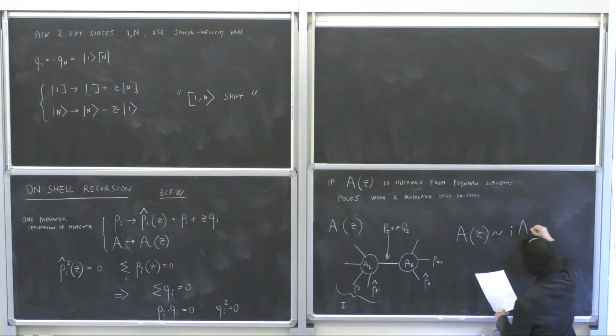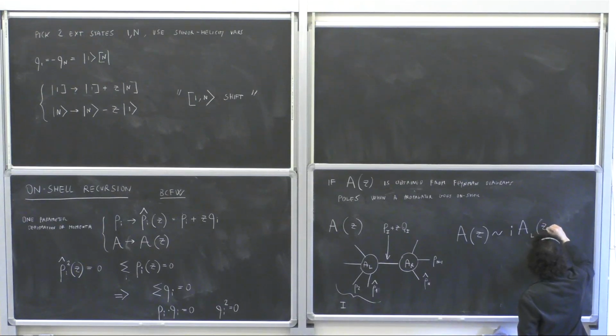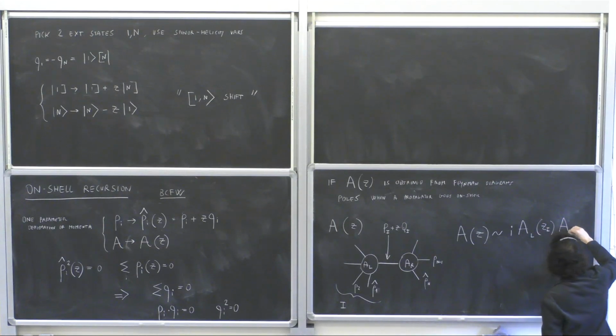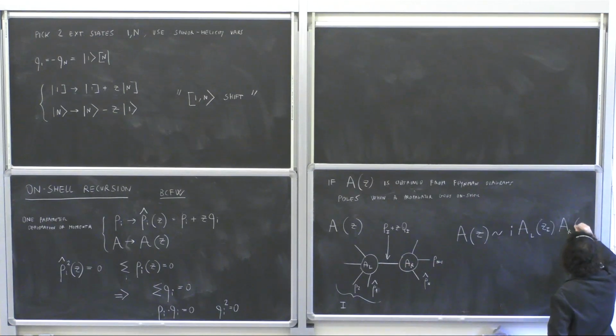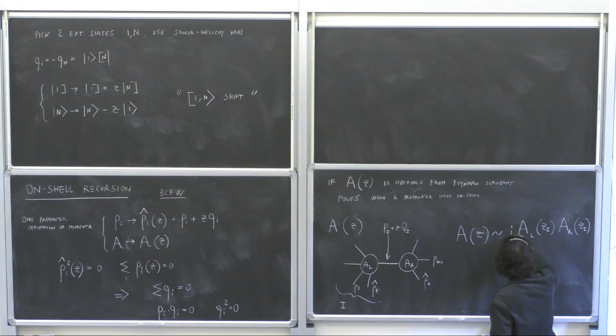So here we are going to have an amplitude on the left and on the right, having taken this leg to be on shell. This will be shifted, so they will be functions of the complex parameter, but they will become functions of the complex parameter at the pole.